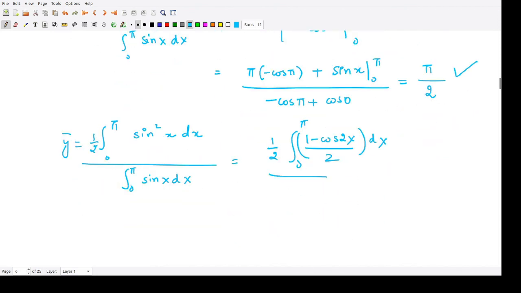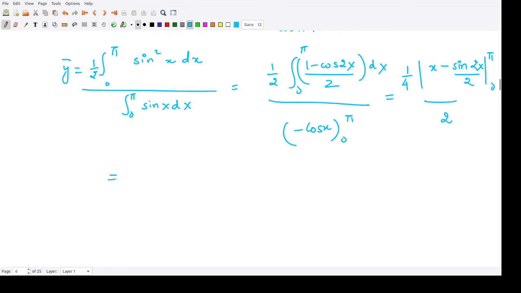So in the denominator its integration would be minus cos of x, and the limits vary from 0 to pi, so we would just have 2. In the numerator 1 by 2 would again be taken out, so it would be x, and then the integral of cos 2x would be sin 2x divided by 2, and the limits vary from 0 to pi.